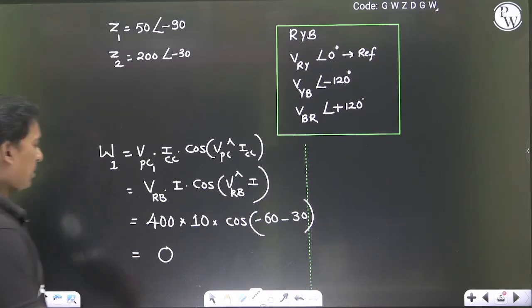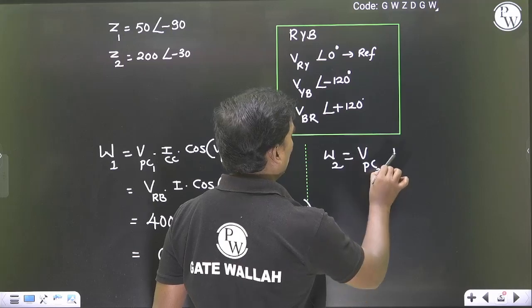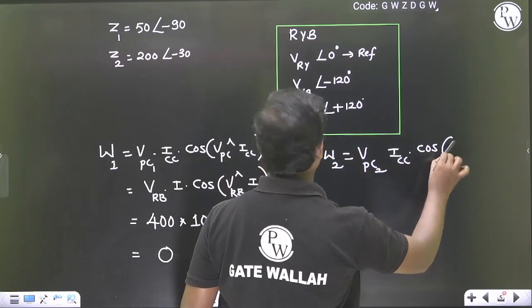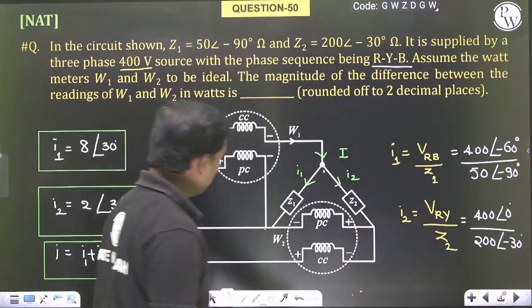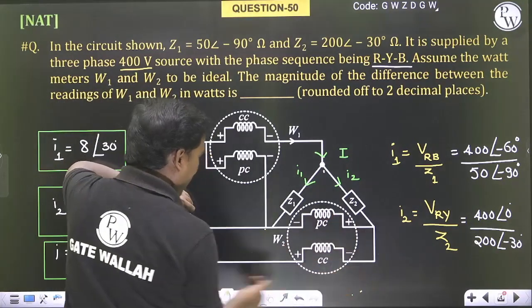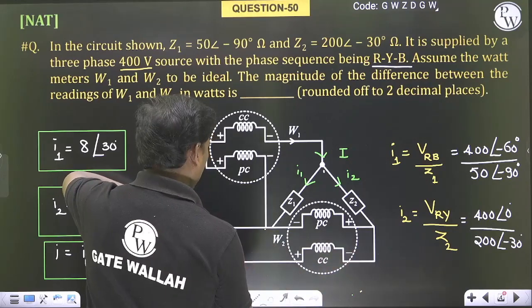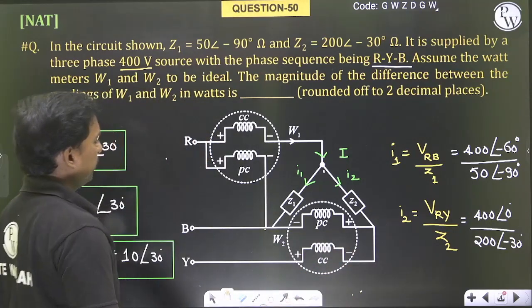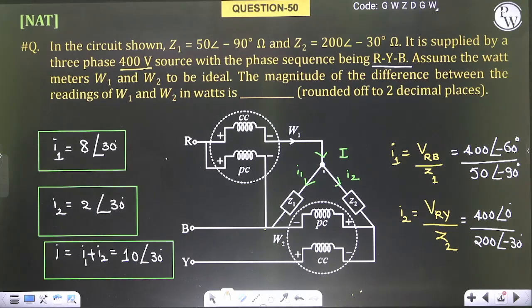Let us go for the next, W2. W2 is also the same: VPC2, ICC, and cosine of the angle between them. Wattmeter 2's pressure coil is connected between B and Y, so VBY is 400 with a phase angle of minus 120.